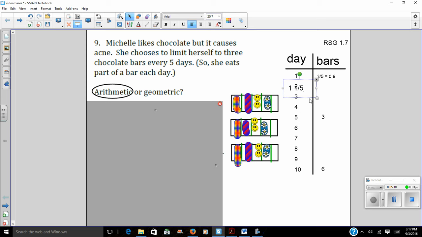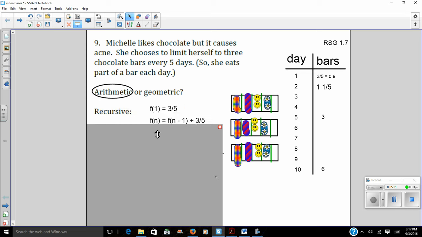We could add 0.6 plus 0.6, or however we want to show it, whether we're doing a decimal or a fraction. I chose to show my equations with fractions, so let's take a look at the recursive.